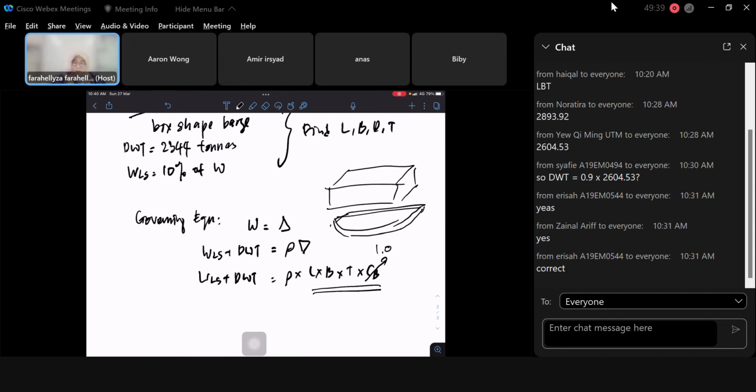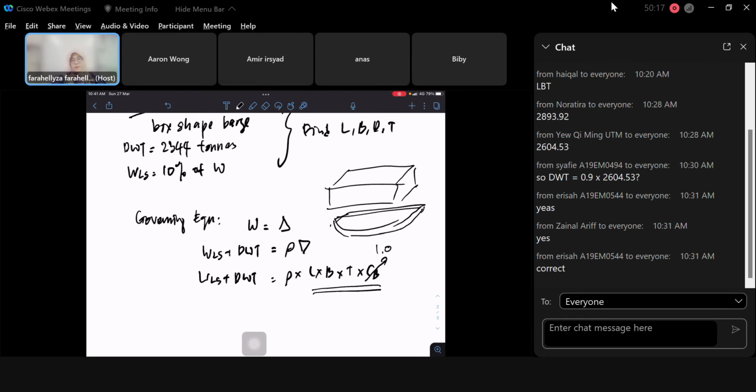So you cannot apply this L times B times T. There's another approach for that. Maybe some of our friends from SMO can refresh how we approach those equations. But for now, since we are working on a box shape barge, we can use L times B times T times CB for the volume. But when you are working on your ship shape type later on, you cannot apply this L times B times T. Is that clear?